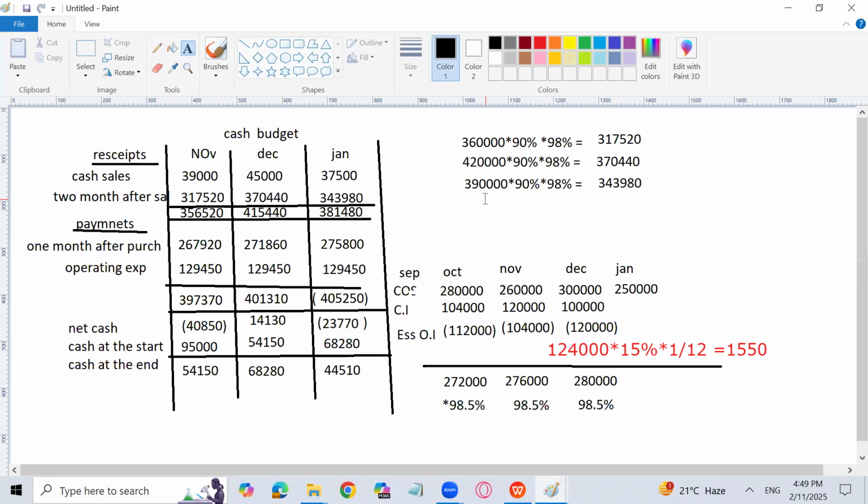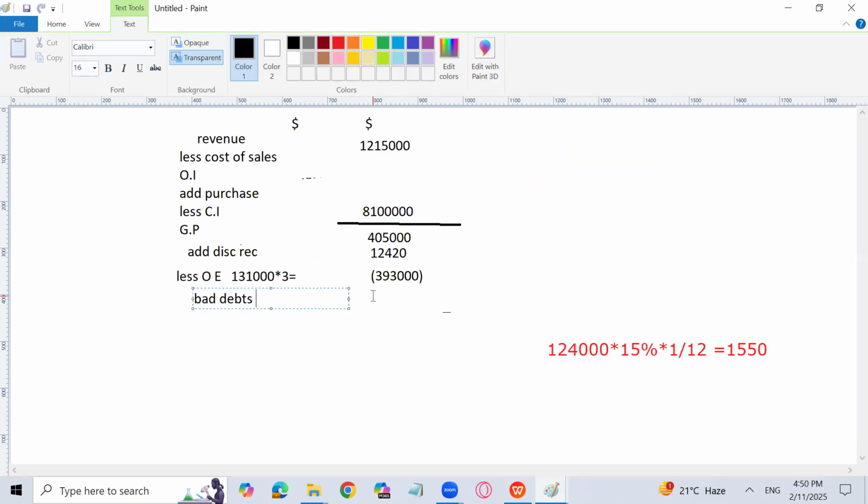When you are doing this, write the bad debts first. What is the amount of total bad debts then? Very good. 23,400. And subtract it, you will find the profit for the year.